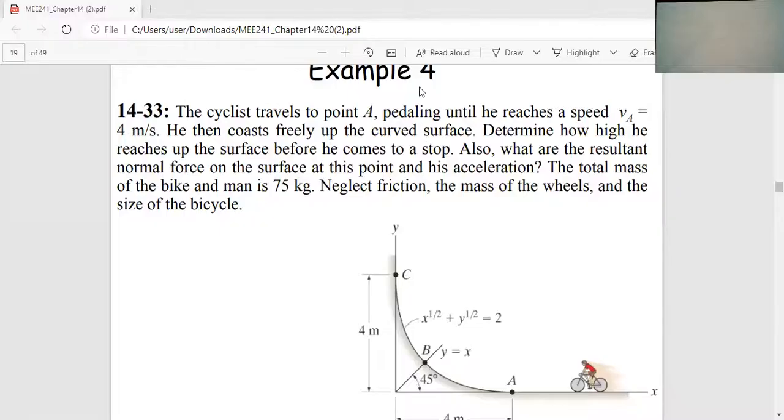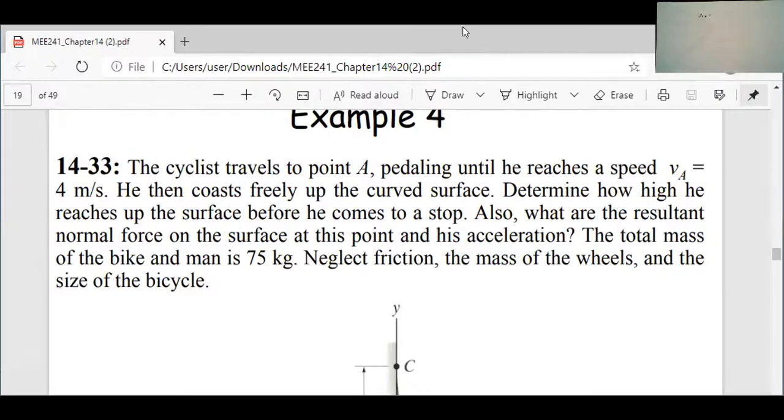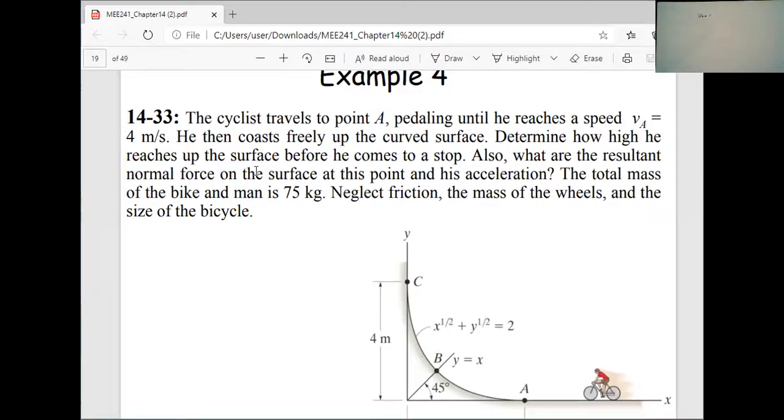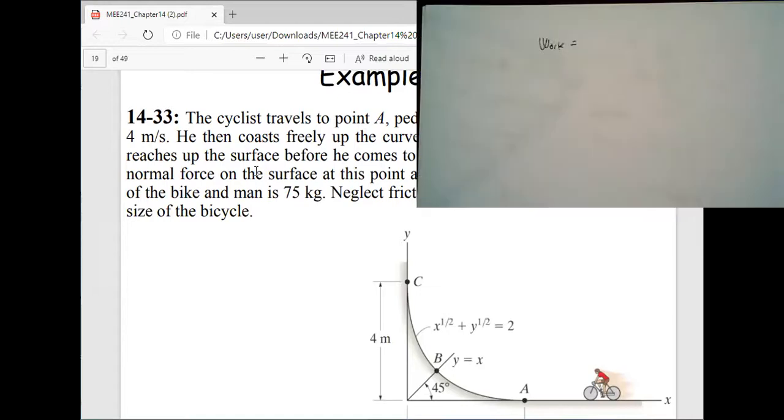Hello guys, I would like to continue our discussion and continue to solve more problems from chapter 14. We all know that the purpose of this chapter is to introduce us to the relationship that the work of all external forces applied on an object is always going to be equal to the change in the kinetic energy of the system, right?